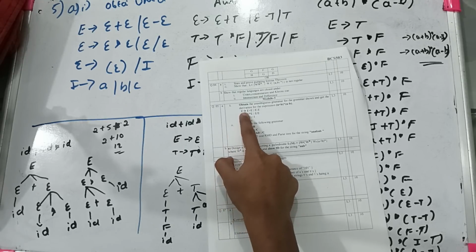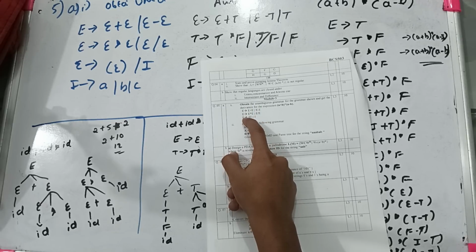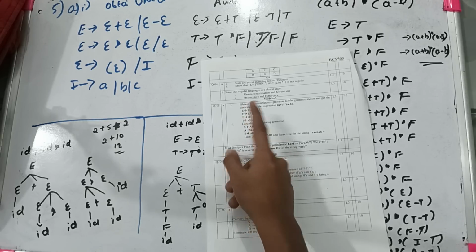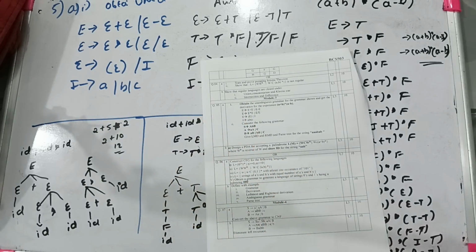Next one is 5a, obtain an unambiguous grammar for the given grammar. They didn't say to show that the given grammar is unambiguous. They are asking to write the grammar again. In module 3 basically there are three concepts: ambiguous grammar, unambiguous grammar and inherently ambiguous grammar. In ambiguous grammar type they ask the question show this is ambiguous or not, and we need to show two different parse trees, and since the parse trees are different the given grammar is ambiguous.